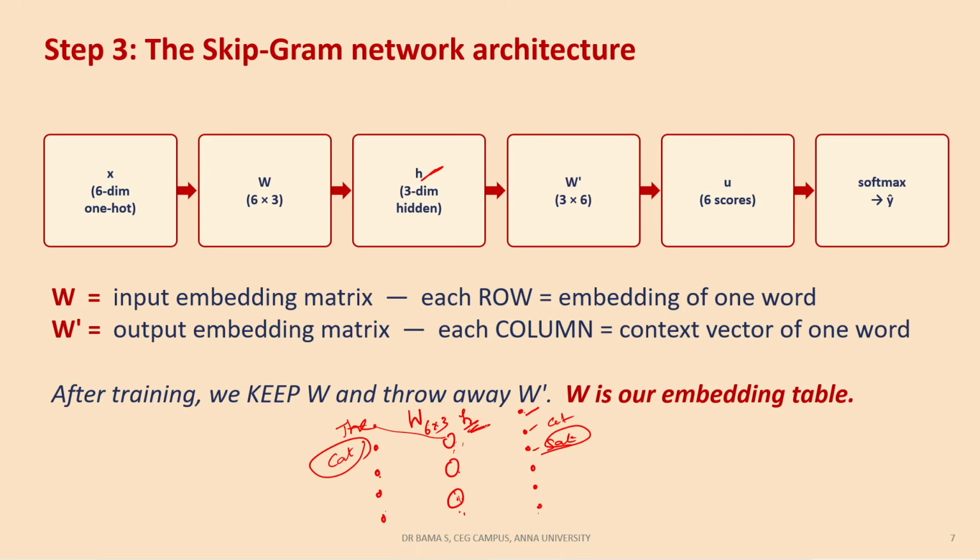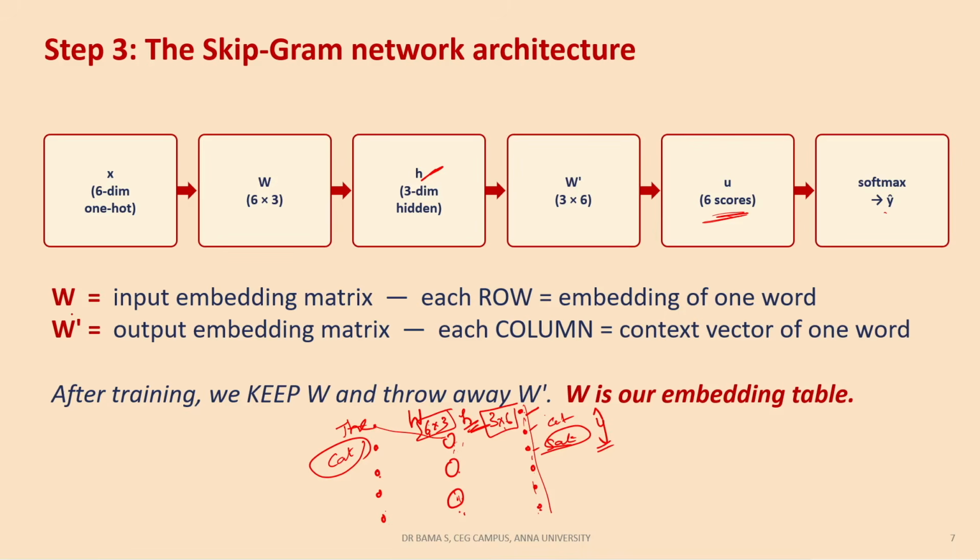So at this region we will have a 3 cross 6 weight matrix, after the 6 cross 3. At this stage we will get 6 scores, one for each word, and after getting the 6 scores, we will use a softmax function to find y cap. Y cap is the output of the neural network that we get at the end.